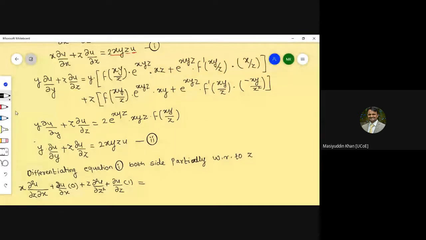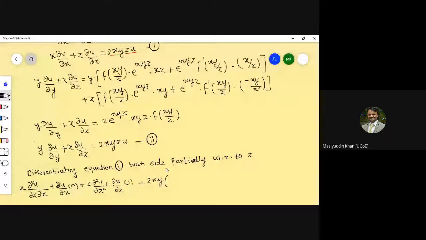So 2xy as it is, into the derivative of these two parts with respect to z.